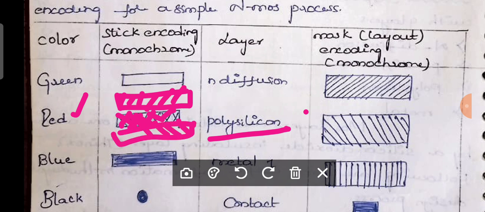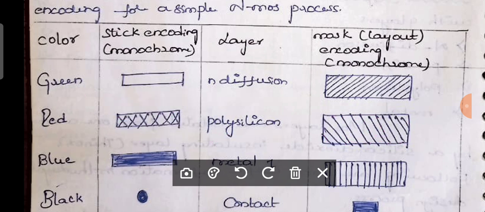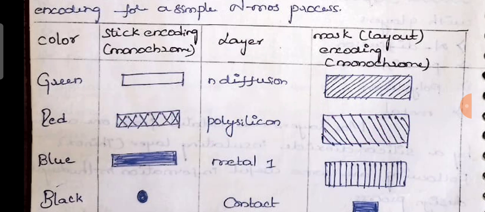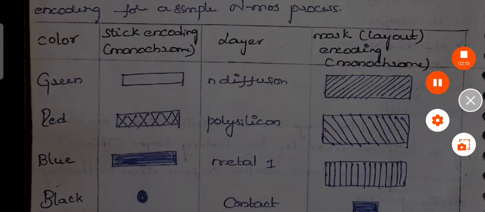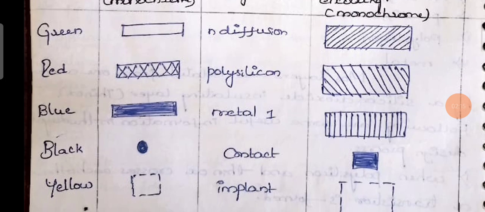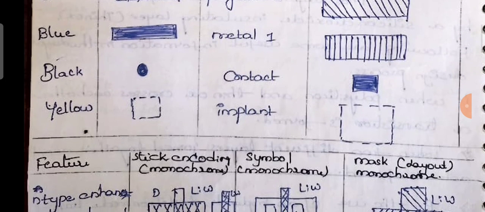That is entirely your wish, but you can observe the way it is represented in the layout. It is represented from right to left. Is it understood? Now you can observe the third layer, metal 1.